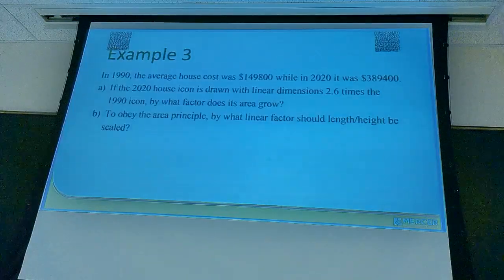And so using the same data, if the 2020 house icon is drawn with linear dimensions 2.6 times the 1990 icon, by what factor will its area grow? That is, we're assuming it's rectangular.